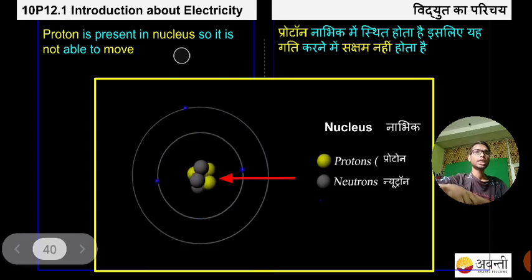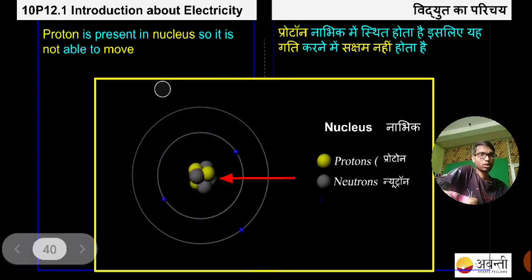Proton is present in a nucleus, so it is not able to move. Here we can see proton and neutron are attached to each other, and proton is not moving.